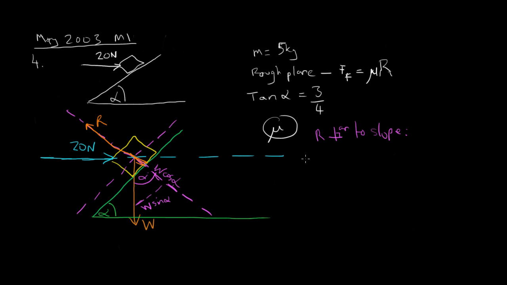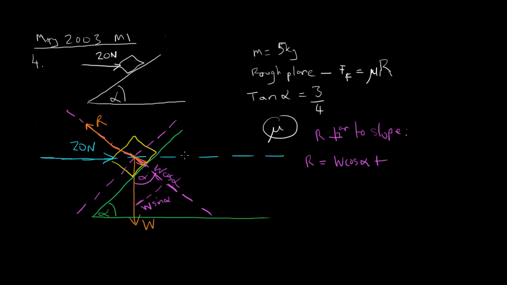We have the reaction there will be equal to the component of the weight going into the slope, which is this W cos alpha, but it will be something more, because this 20 is also pushing down into the slope.